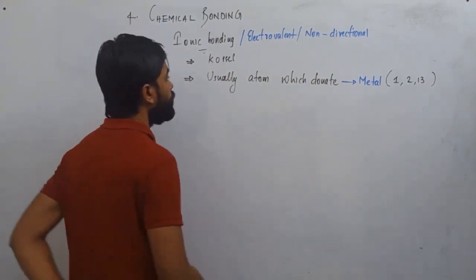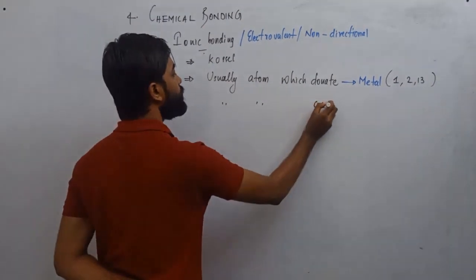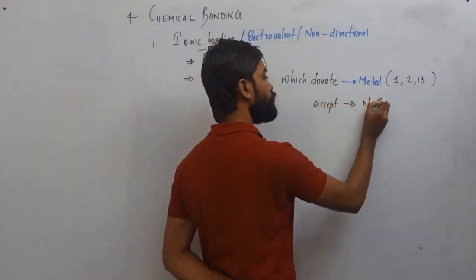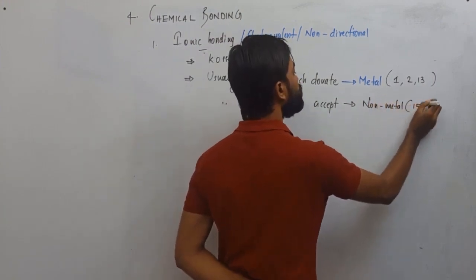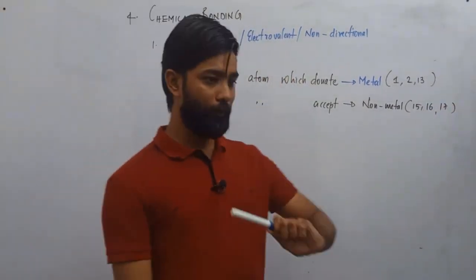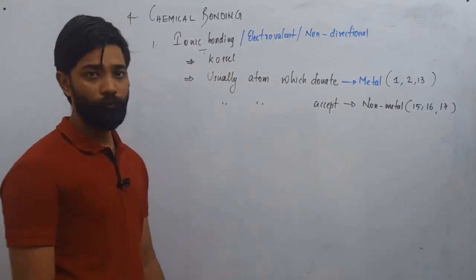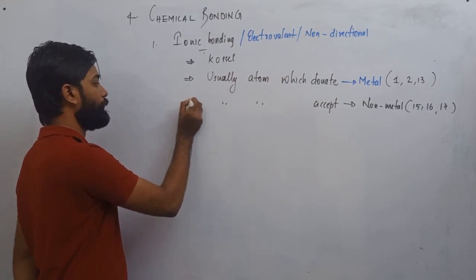Usually the atom which accepts that electron is a non-metal, of group 15, 16, 17. A metal loses electrons to form a cation, and a non-metal gains electrons to form an anion.